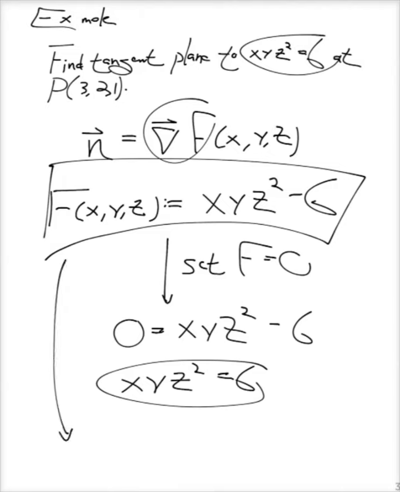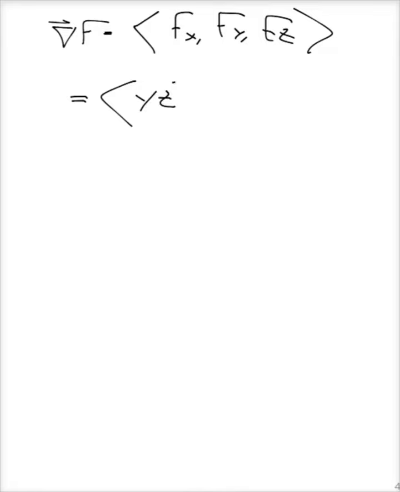So let's do this. First, we'll write down the gradient vector, and then we'll evaluate it at the point. So the gradient vector will simply be the vector with components consisting of the partial derivatives of f with respect to the 3 variables x, y, and z. So we can calculate that now. Partial with respect to x is y z squared. Partial with respect to y is x z squared.